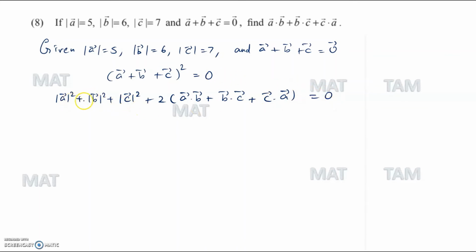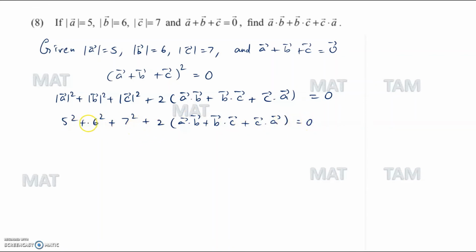So we know the values of these, so let's substitute the values. So it's 5 squared plus 6 squared plus 7 squared plus 2 times A dot product with B plus B dot product with C plus C dot product with A is equal to 0.